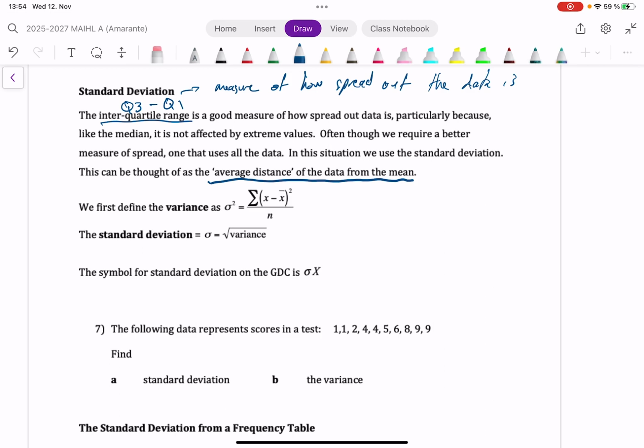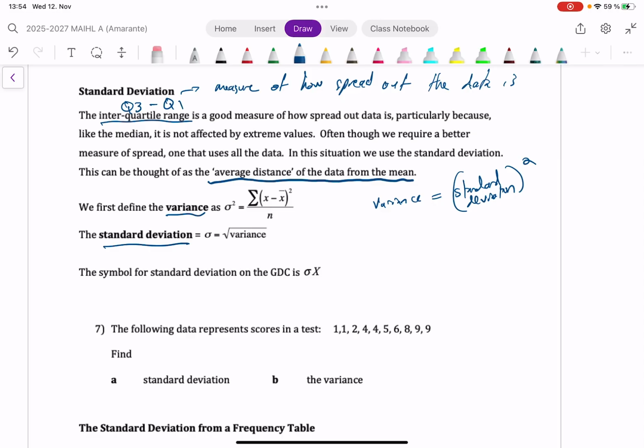We define two things. There's variance and standard deviation, and they are very much connected. Variance is just the standard deviation squared, right? So this is an important thing to get. Variance is equal to standard deviation squared. That's the connection between those two.